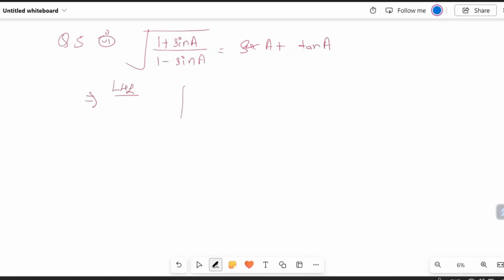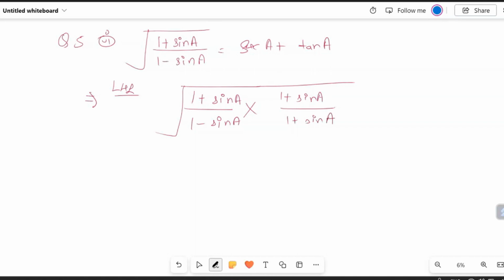To come out from the root like that, you have to rationalize. How you can rationalize? To rationalize it, multiply it by, in the root only, 1 plus sine A divided by 1 plus sine A, okay?